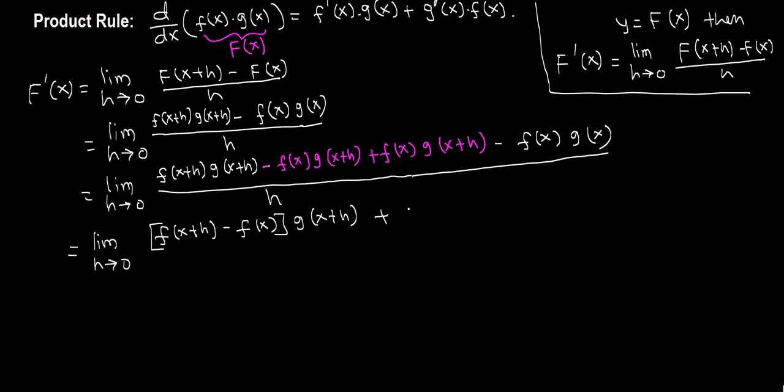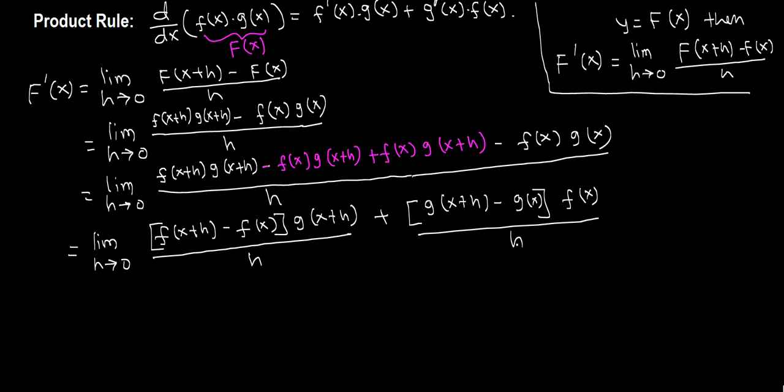So I want to write that again, f(x) here, then what is left, g of x plus h minus g(x), and everything over h. Now I want to separate that h here. I want to write h here over h plus over h. Okay, just splitting into two fractions.